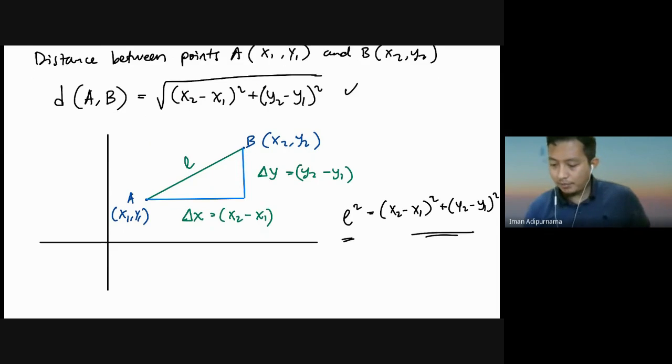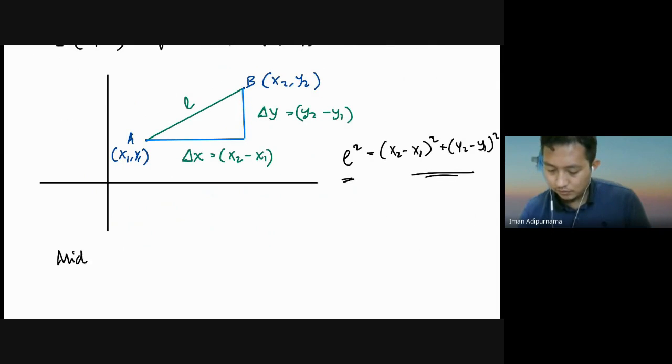And how to find the midpoint. So you find the distance, how to find the midpoint. The midpoint is here. That's the midpoint. It's basically half part of the x and half part of y, right?